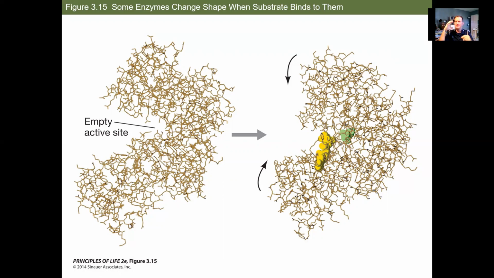Kind of like a switch. When you bind into it, it causes the bending of the shape. It's almost like the muscles in the hand closing the catcher's mitt, but it's like the backbone. Those alpha and beta sheets basically stretch and move so that chemistry can occur. Pretty elegant.